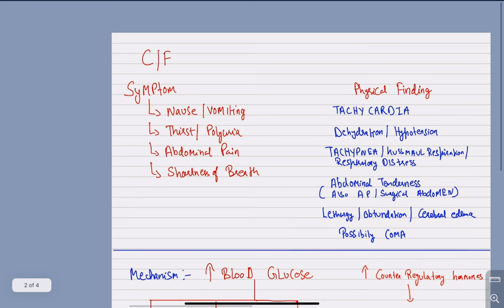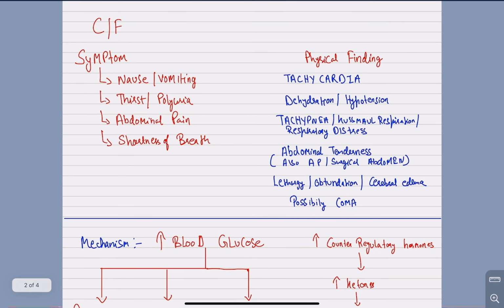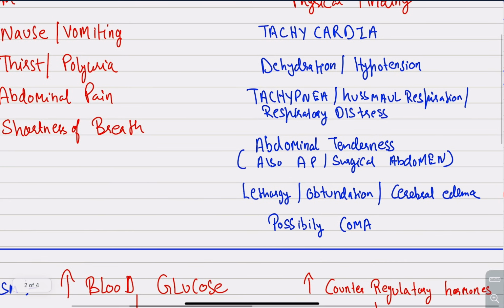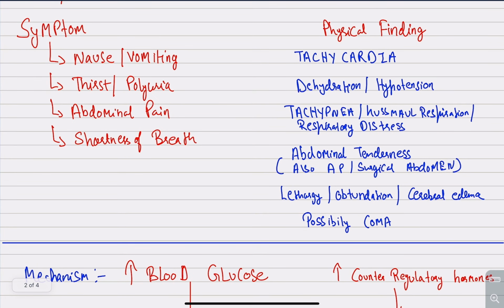Now, what are the clinical features and symptoms? Nausea and vomiting, thirst and polyuria, abdominal pain, shortness of breath. What you will see in the patient is a heart rate above 100, tachycardia. The patient is dehydrated, with low BP, hypotension, and tachypnea. The patient is breathing fast and has Kussmaul respiration.